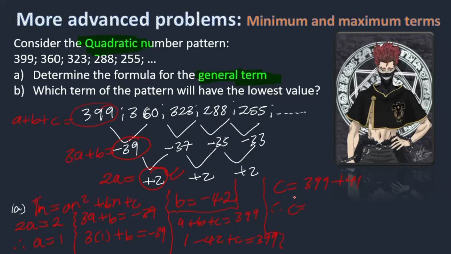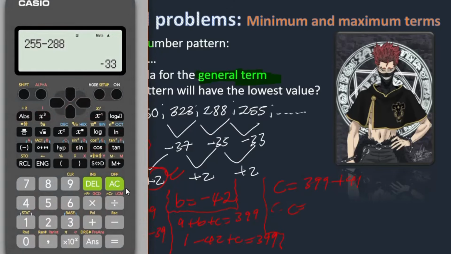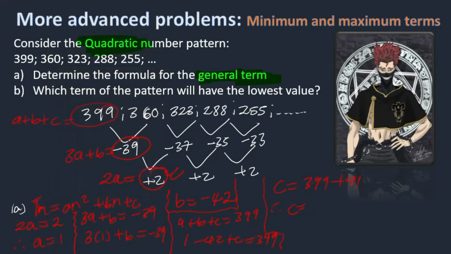Therefore, my c is equal to 399 plus 41, 440. Therefore, let me write it here.